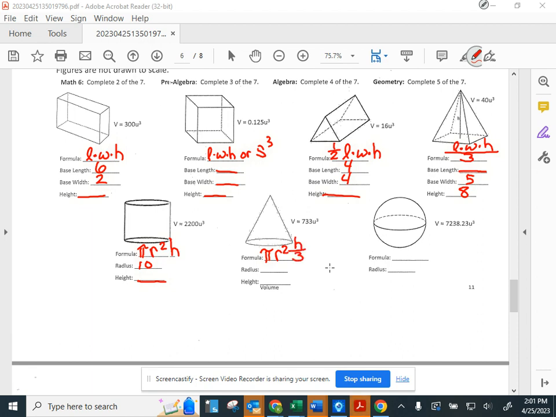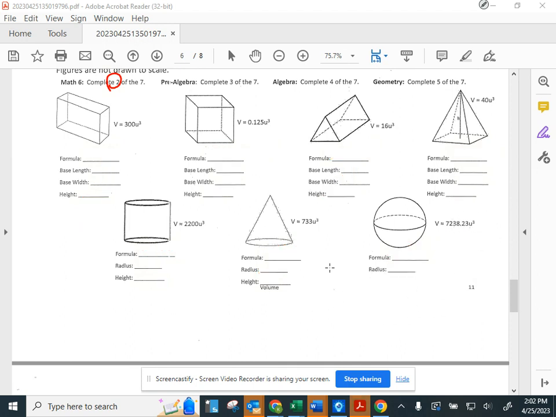And we're going to give you a height of 22. Solve it for the radius. And for our sphere, the formula is 4 divided by 3 times pi r cubed. Remember, Math 6 needs to do 2 of these. You can always challenge yourself to try to solve for more. Challenging ourselves is a wonderful thing.